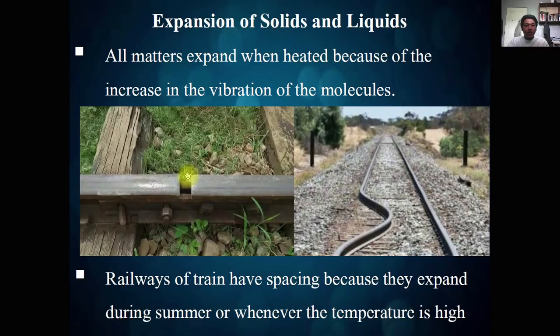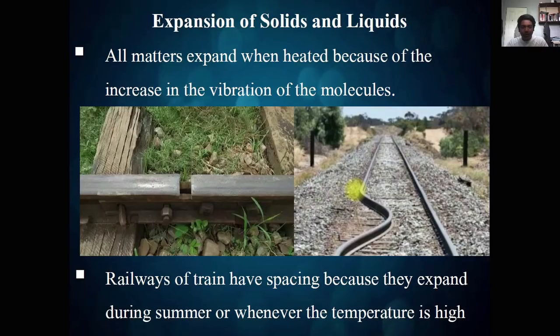That shrinking and expanding of the material, if there are no gaps in between, would result in a twisted railway. The railway experiences what we call thermal stress, because of the continuous expanding and shrinking.